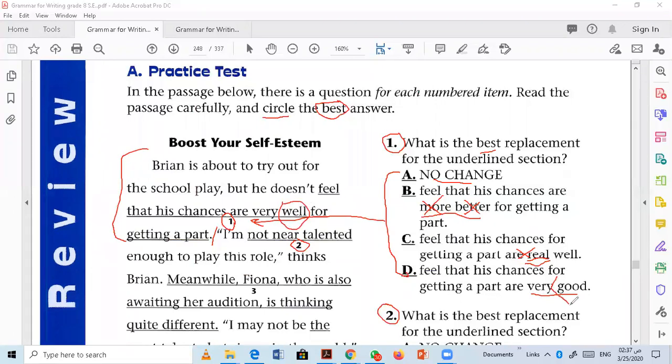If you remember, I told you that good is an adjective and well is an adverb. Sometimes well also functions as an adjective, but in this example, it's better to say very good. So in this case, D will be the correct answer.